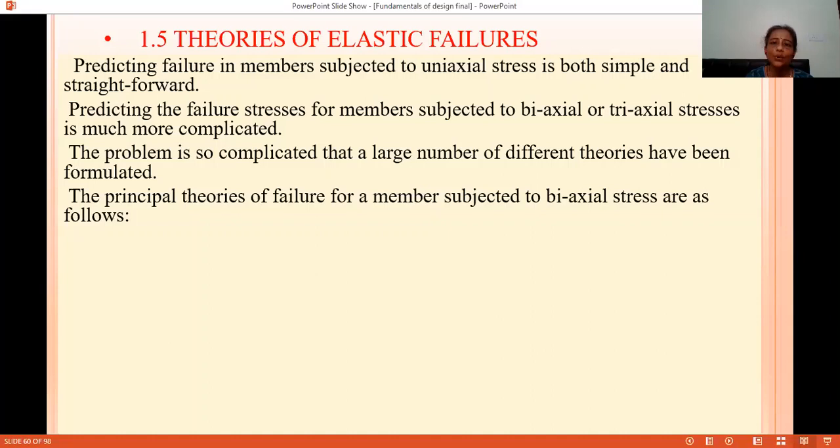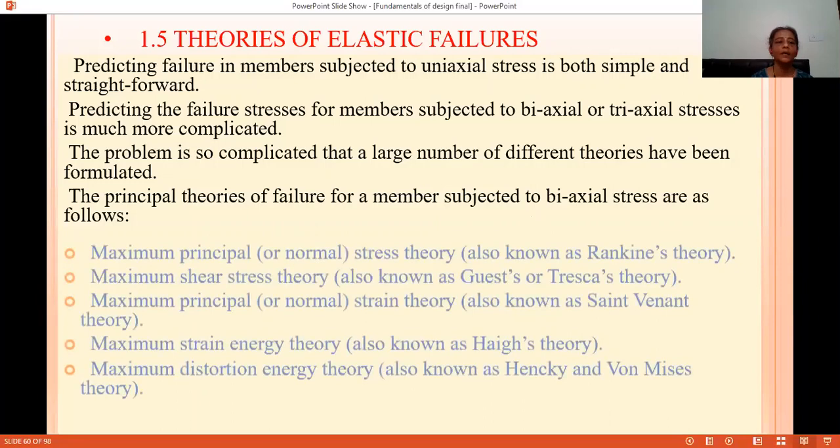Sometimes the design is so complicated that we cannot solve it by the old method we were following, that stress is equal to load upon area. For those complicated designs, new theories were developed, and those theories are known as theories of elastic failures.